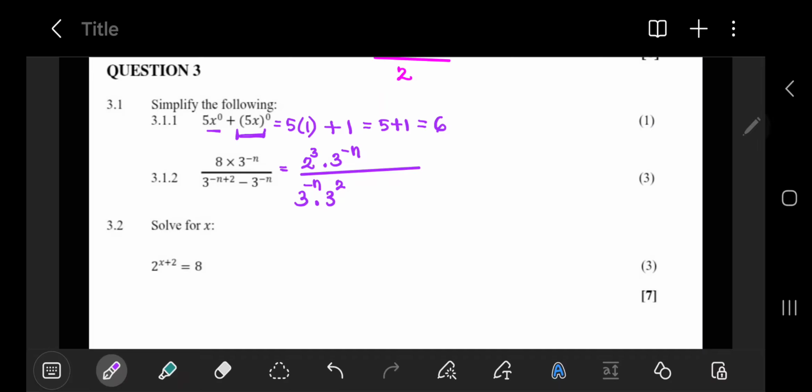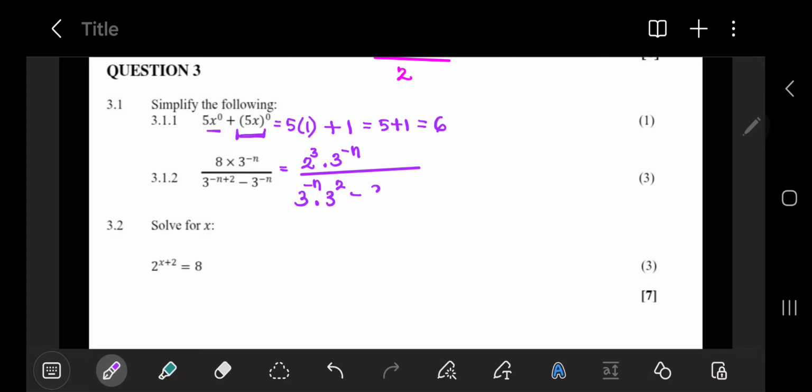It's basically your first law of exponents. We're working backwards here. When you multiply bases that are the same, you add the exponents. So here, 3 and 3, if we're multiplying bases that are the same, we're going to add these exponents, we end up with negative n plus 2. So it gets us back to what we were given, right?